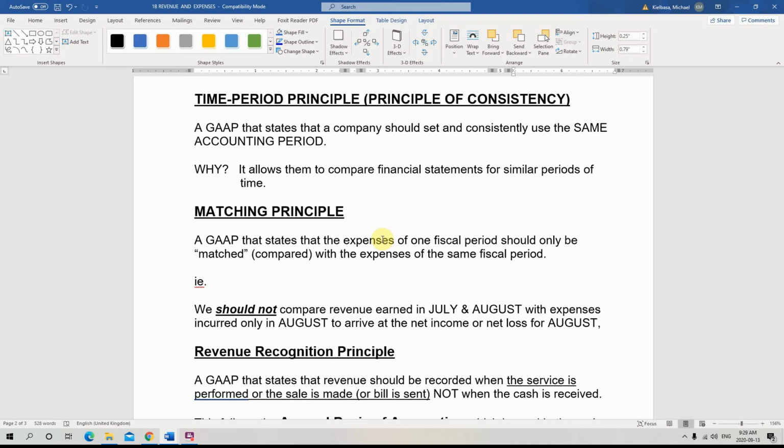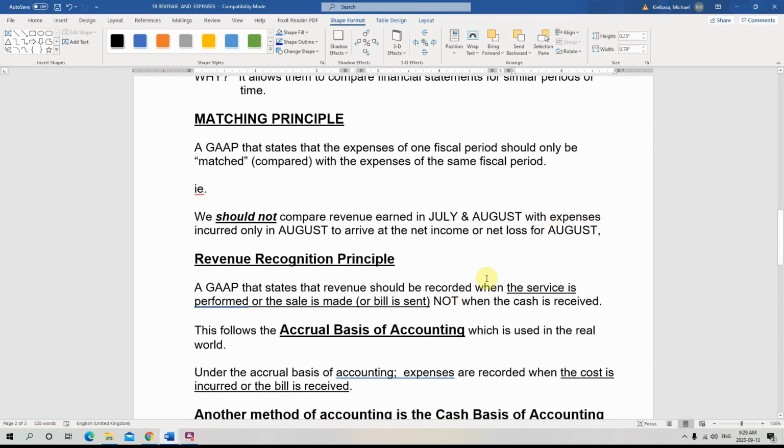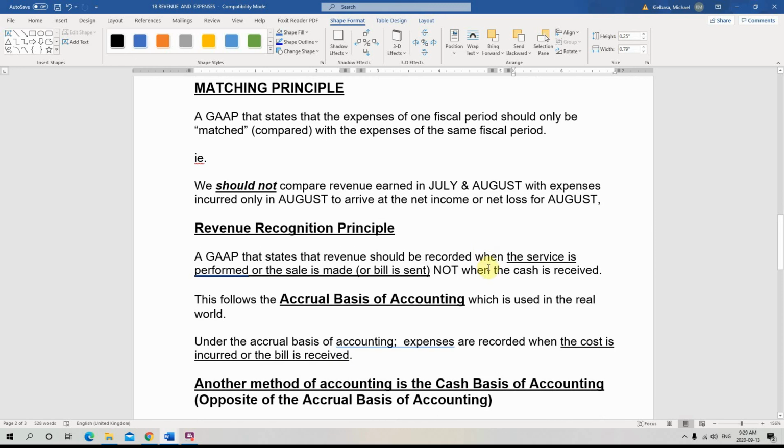Now, the next concept is confusing if you don't follow along, and you basically have to understand it. Okay, now in accounting we use what's called the accrual basis of accounting, and basically it's related to when revenue is recognized.